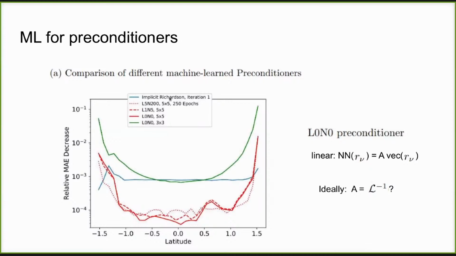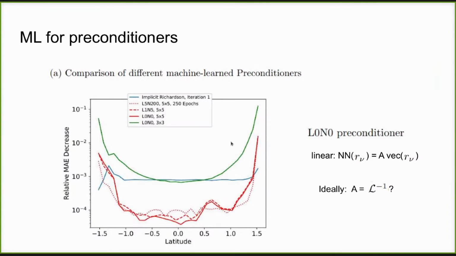And they try different neural networks with a different number of layers. So 5 layers with 200 hidden units, 1 layer with 5 hidden units, and then L0, N0 is 0 hidden layers with 0 hidden units. So this is just a linear mapping. And then they try out 2 different sizes of relevant input regions, 5 by 5 and 3 by 3.